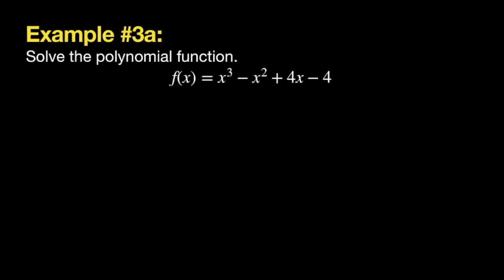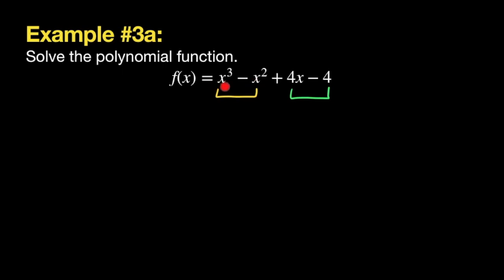For this problem, we have to solve the polynomial. So that means that we are going to make the polynomial equal to 0. But before we get there, we need to factor it. So we are going to group the first two terms and the last two terms, and you look for what they have in common.